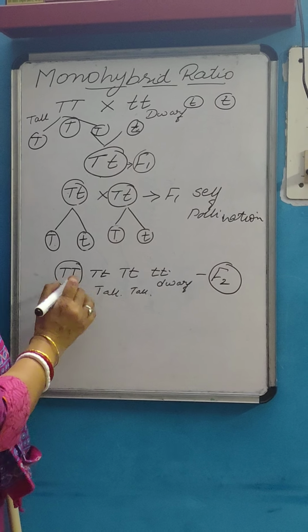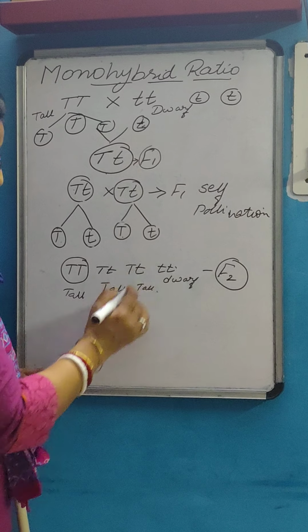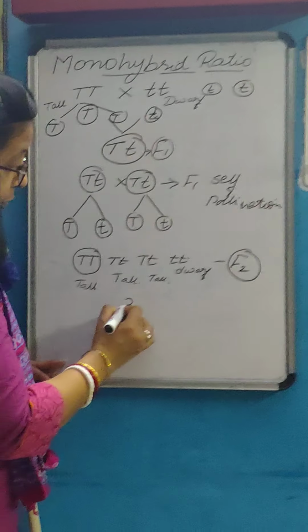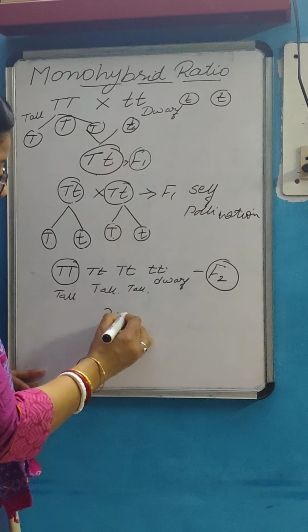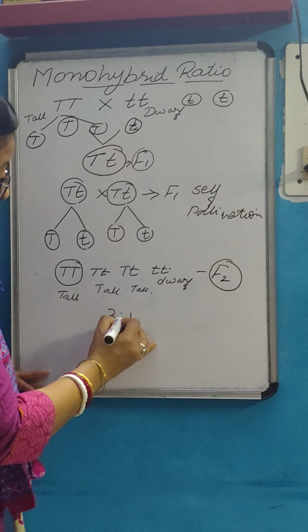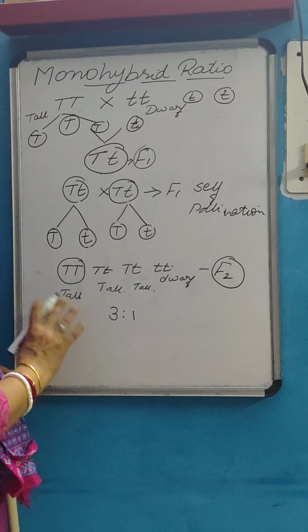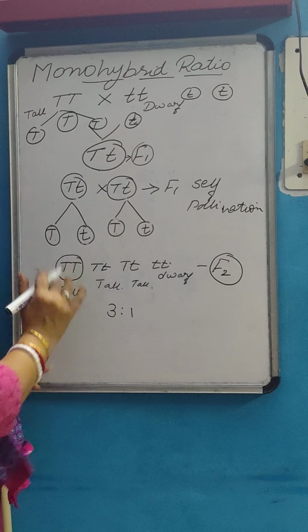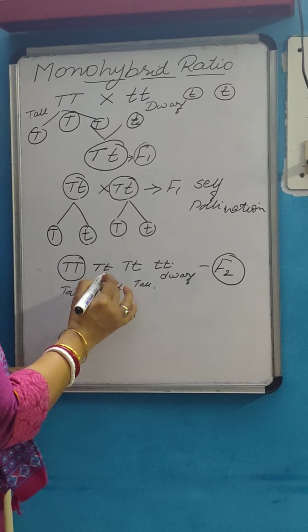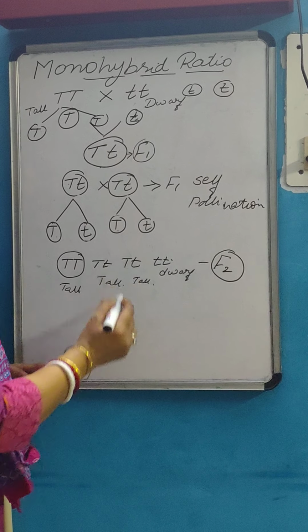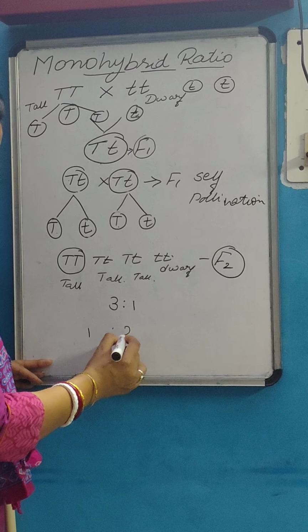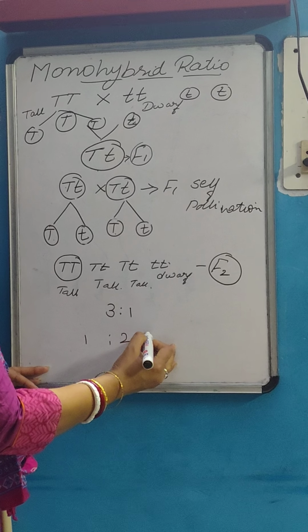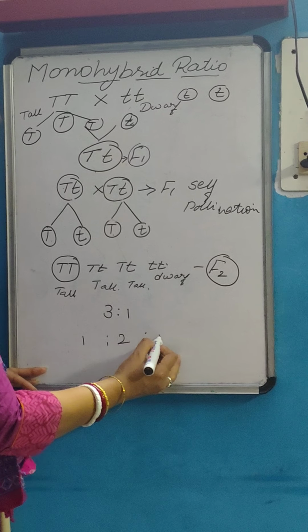So the ratio will be 3 are tall and 1 is dwarf. So the ratio will be 3 is to 1. Whereas if we see pure dominant, it is 1. Then the combination, it is 2. Whereas pure dwarf plant is 1.